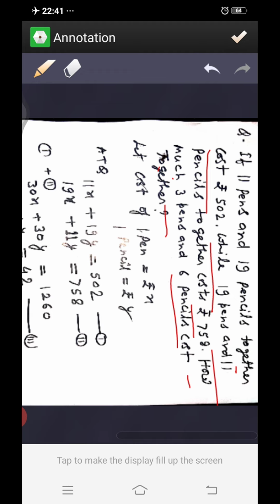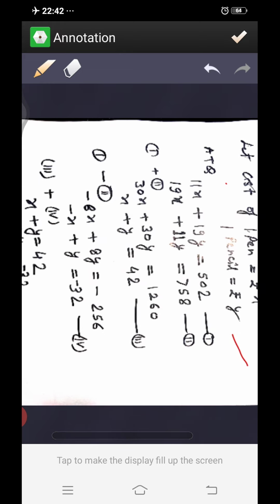So let cost of one pen be x and cost of one pencil be y. According to the question, cost of one pen is x, then cost of 11 pens will be 11x. Cost of 19 pencils will be 19y. Total is equal to 502. So 11x plus 19y equal to 502.